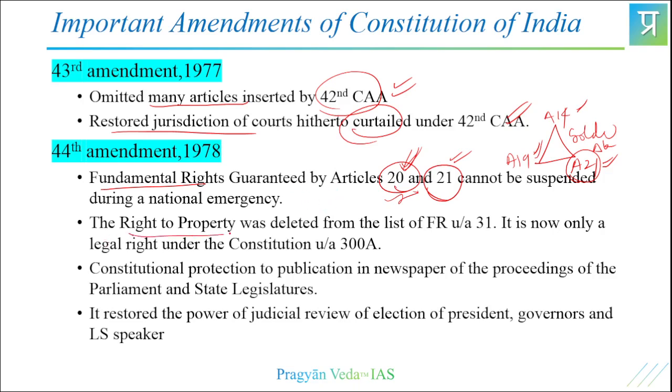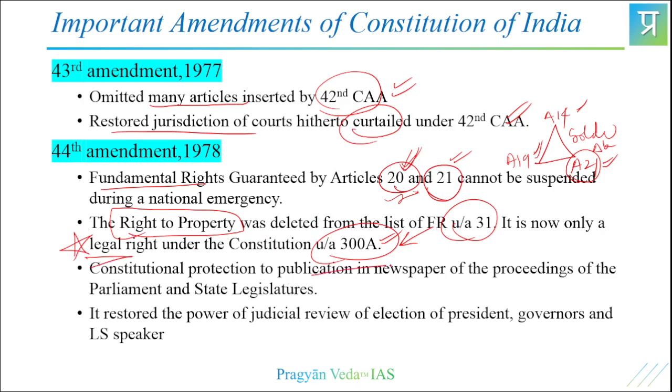The legal right to property, that was the right to property under Article 31, was changed from the fundamental right and shifted and reinserted as Article 300A, and it was just given the status of a legal right under the Constitution. Very important. Questions came on this in UPSC in previous years.